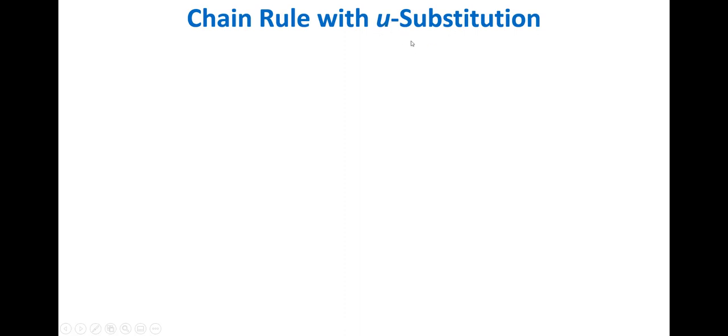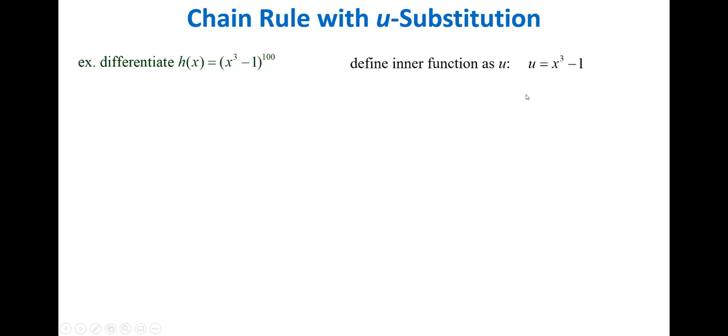using a u substitution, and I'll show you this using the second composed example. h of x equals x cubed minus 1 to the 100th power. And what I'm going to do is define the inner function as u in order to simplify this and make it easier to take the derivative. I'll say u is equal to x cubed minus 1.